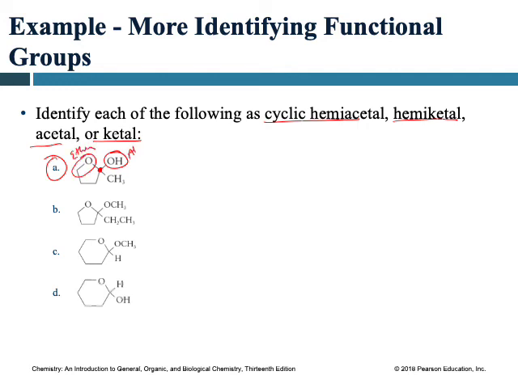This is the alcohol group, and the same carbon has one more carbon attached to it. So that means we don't have any hydrogen attached to the carbon that has alcohol and ether. So that means it comes from ketone. If it comes from ketone, it should be ketal, but this is hemiketal because you have an alcohol, you don't have 2 ether groups. So this is hemi. Let's do part B.